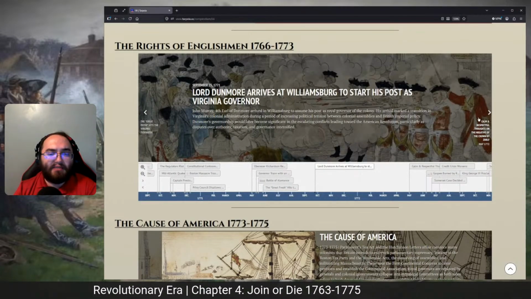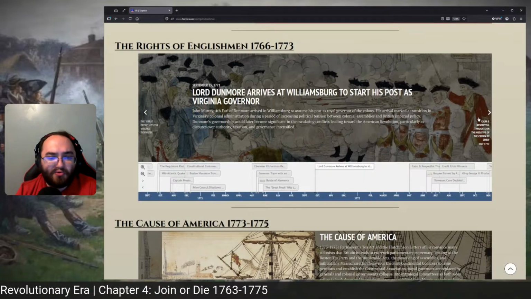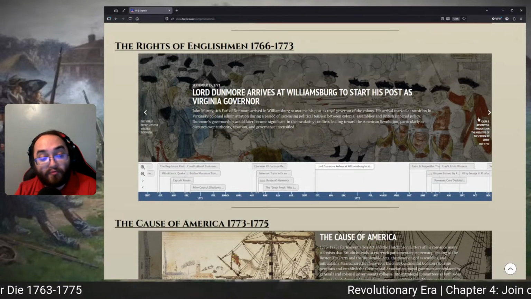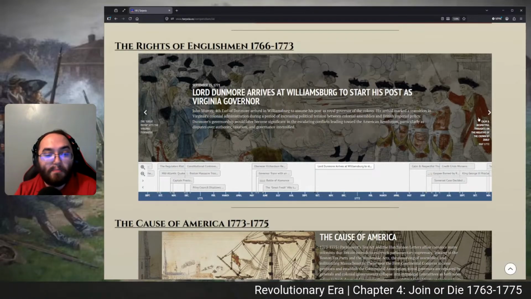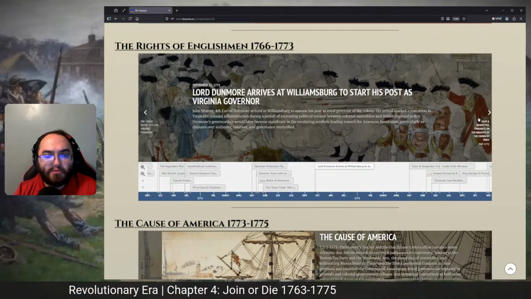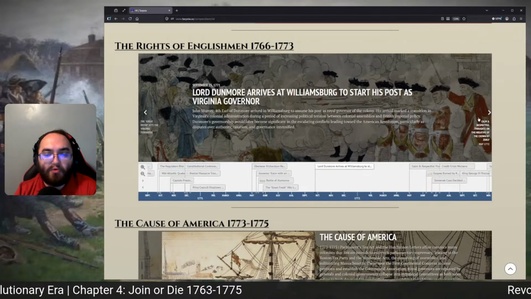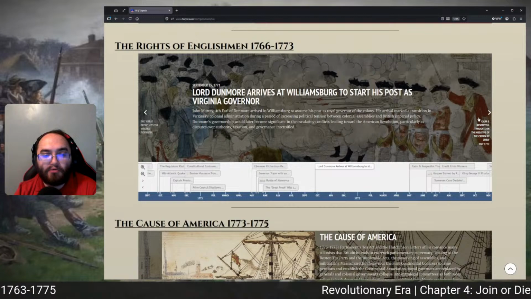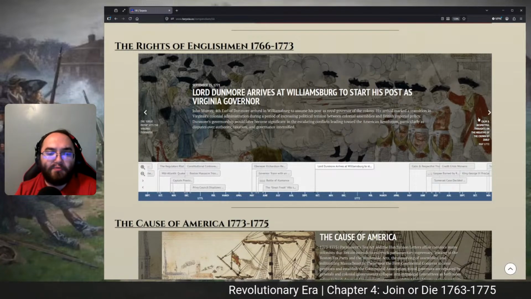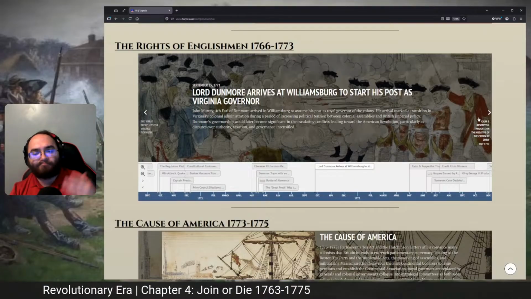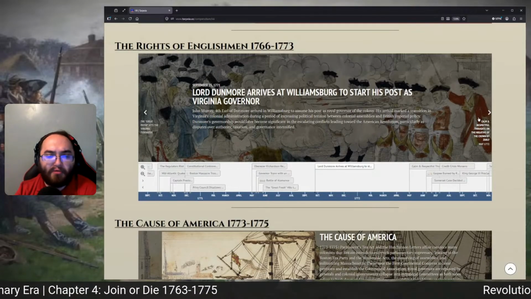He arrives at Williamsburg to start his post as the Virginia governor. John Murray, the fourth Earl of Dunmore, which is Lord Dunmore, arrived in Williamsburg to assume his post as royal governor of the colony. His arrival marked a transition in Virginia's colonial administration during the period of increasing political tension between colonial assemblies and British imperial policy.